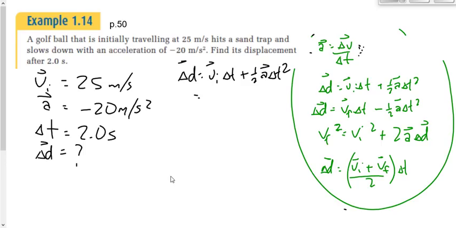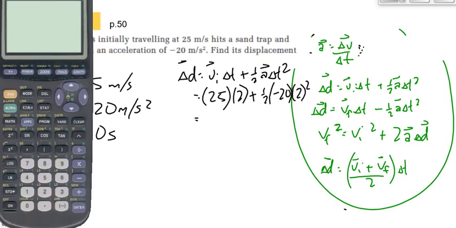That's okay. VI, we know, is 25. T is 2. A is negative 20 times 2 squared. Follow along with me on the calculator. In fact, do it along with me. Take your calculators out and do this with me. 25 times 2 gives me 50.